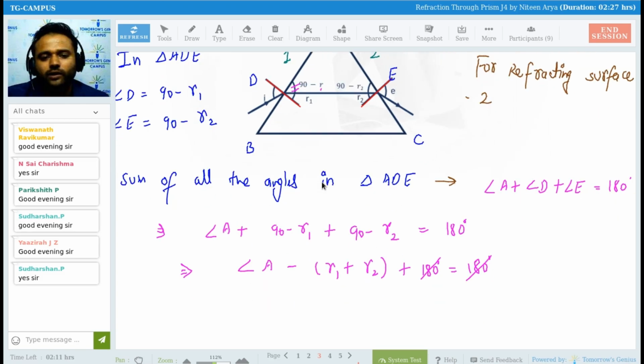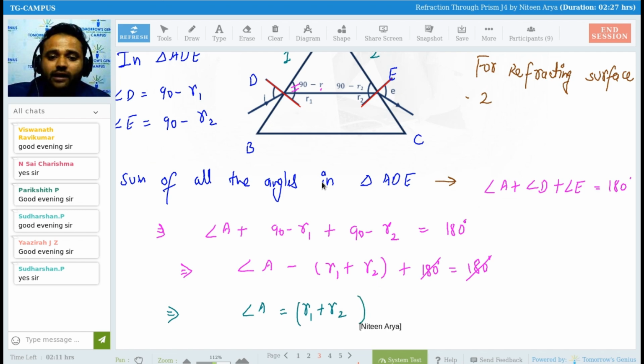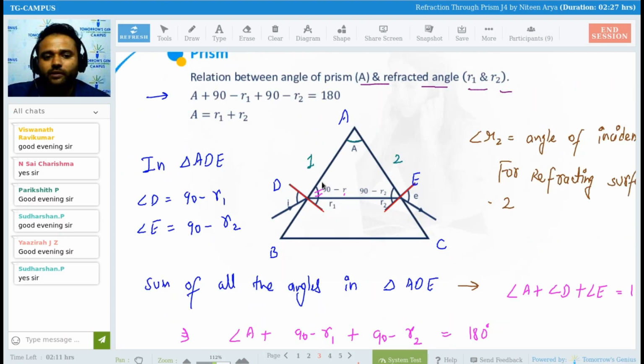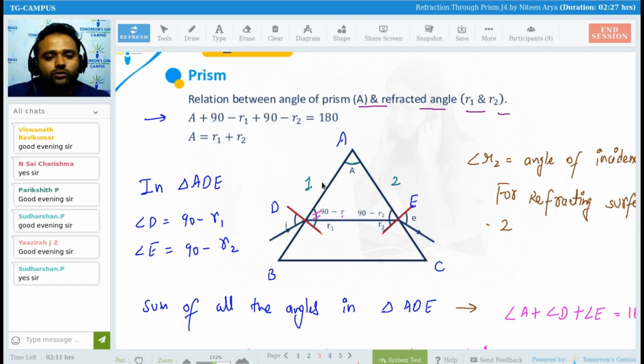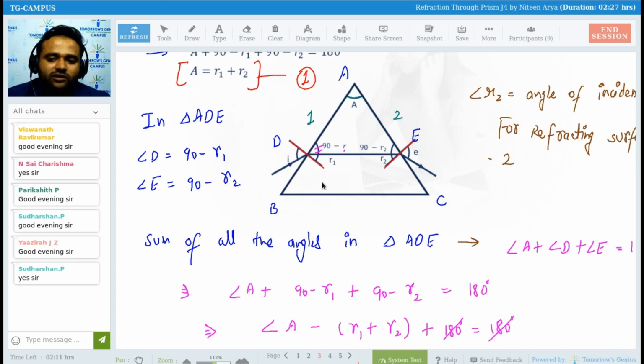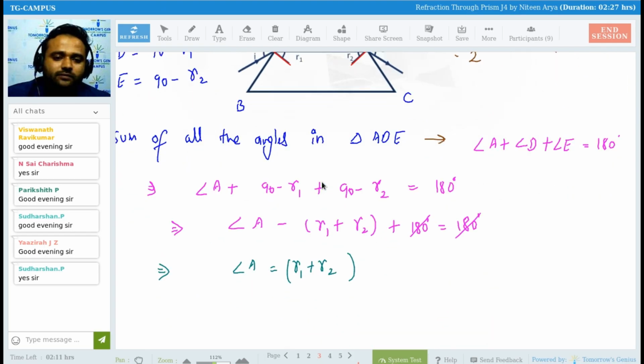This gives me angle A, which is the prism angle, is nothing but the sum of R1 plus R2. Notice that R1 and R2 are not in the triangle ADE. R1 is the angle of refraction from refracting surface 1, and R2 is the angle of incidence for refracting surface 2. So that is important equation number 1. Is this clear?